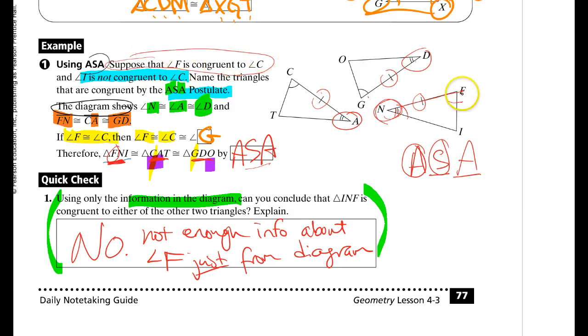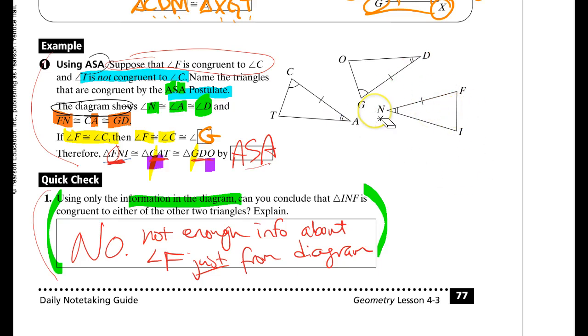F is congruent to C. So that's the thing that they had to start you off with in this description here. But here they take it away and just say, look at that pretty diagram and nothing else. So just from the diagram, we don't know enough about angle F to be able to say that it is congruent to either of the other two.